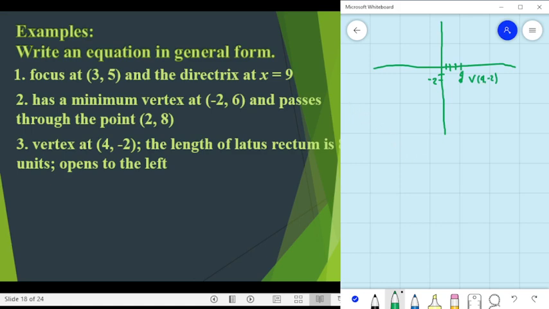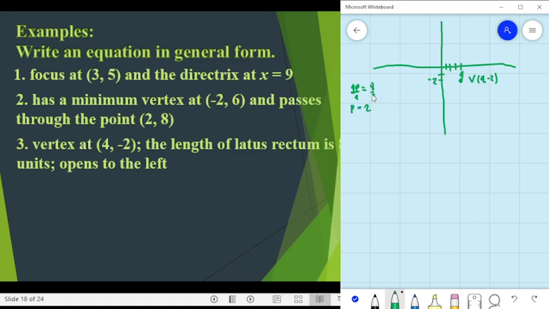Okay, so since we are also given that the length of latus rectum is 8 units, that means 4p is equal to 8. So from there, we are going to divide both sides by 4. So your p is 2.